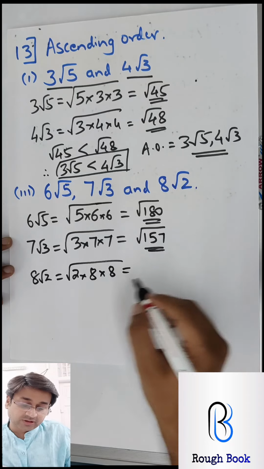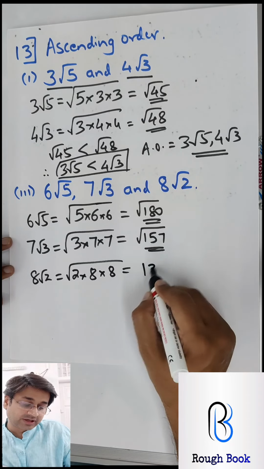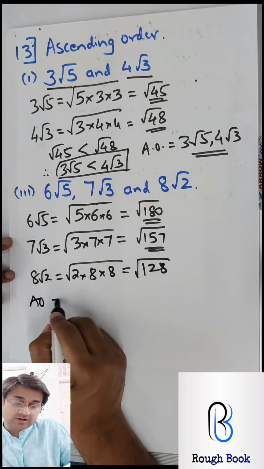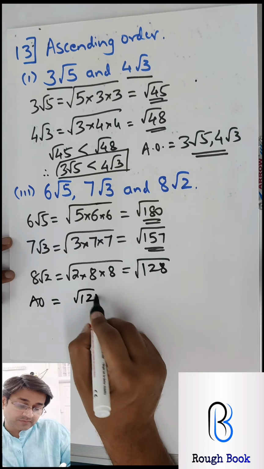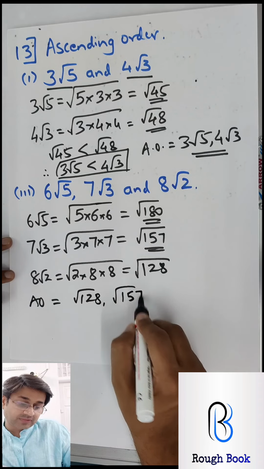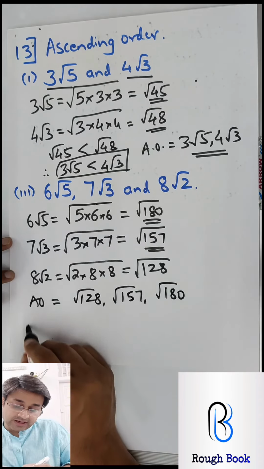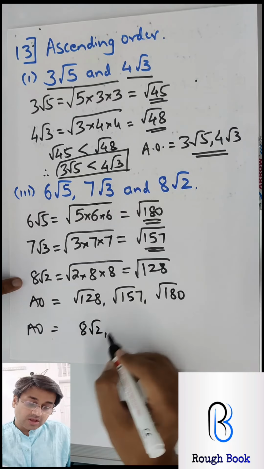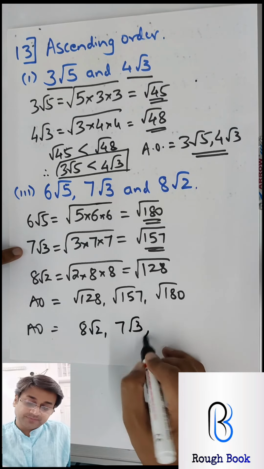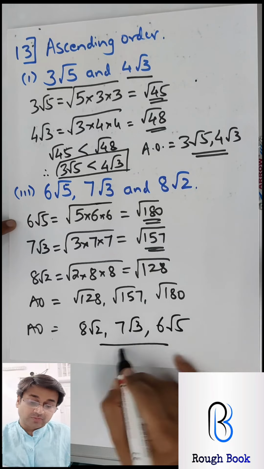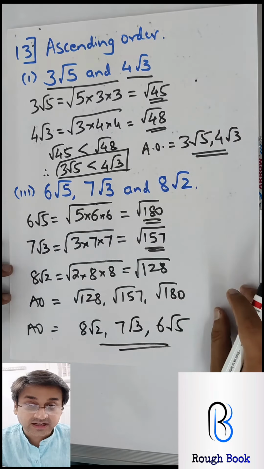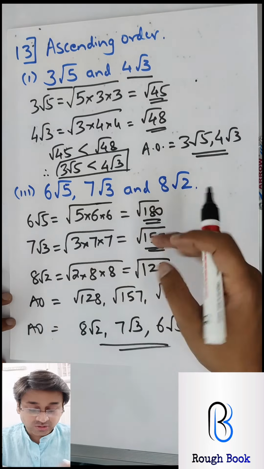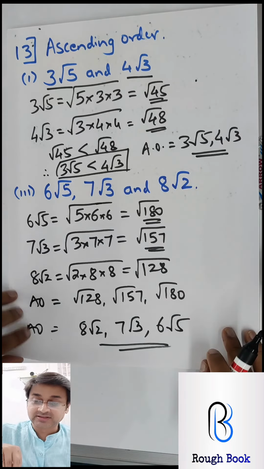So 8 eights are 64, into 2, 128. Now can we compare? Yes. So ascending order is going to be the smallest, then the next one, and finally the biggest. Write the original one also. So 128 is 8 root 2, 147 is 7 root 3, and then 6 root 5. So by observation you can't say directly, you actually have to convert it to a pure surd, and only then can you compare the three of them easily.